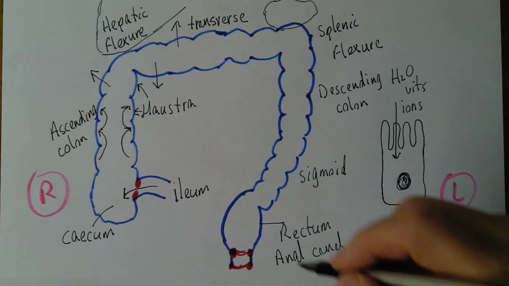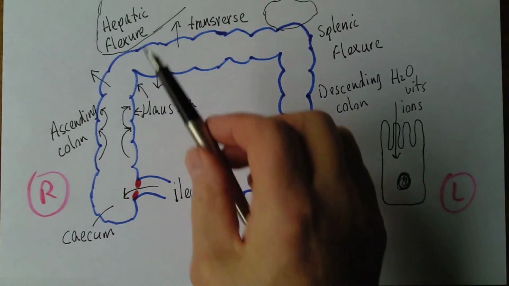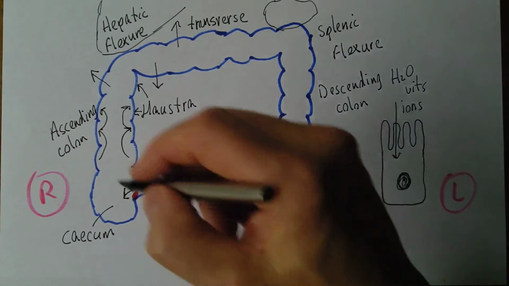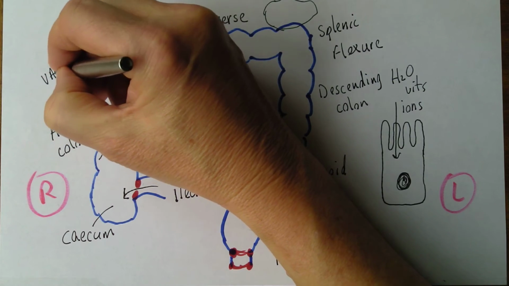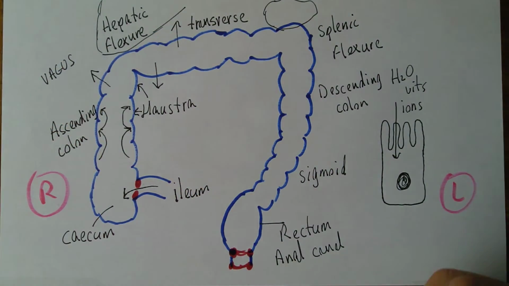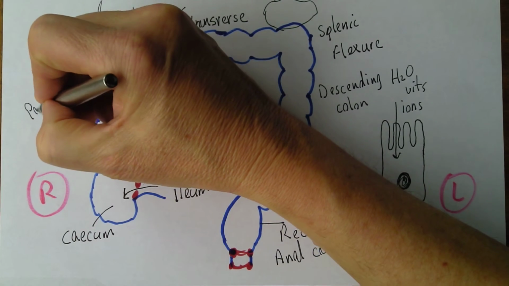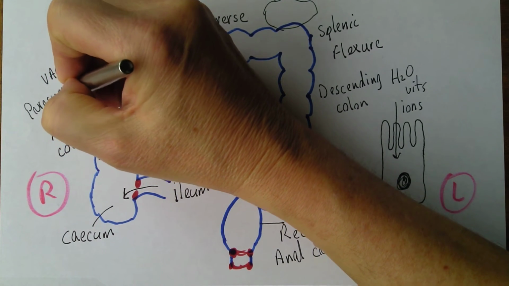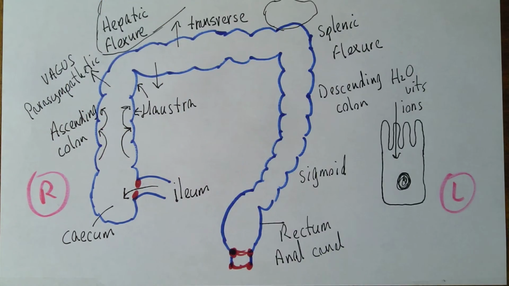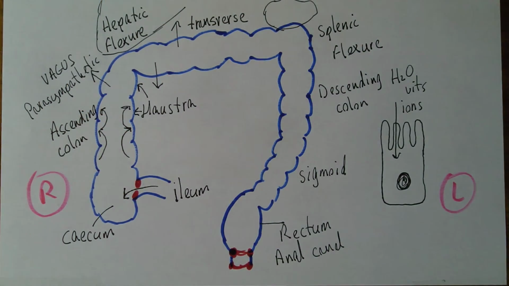And the first half of the colon, sort of from there down the way, that's all controlled by the vagus nerve. The vagus nerve, one of the body's large parasympathetic nerves, because most gastrointestinal function is controlled by the parasympathetic nervous system.